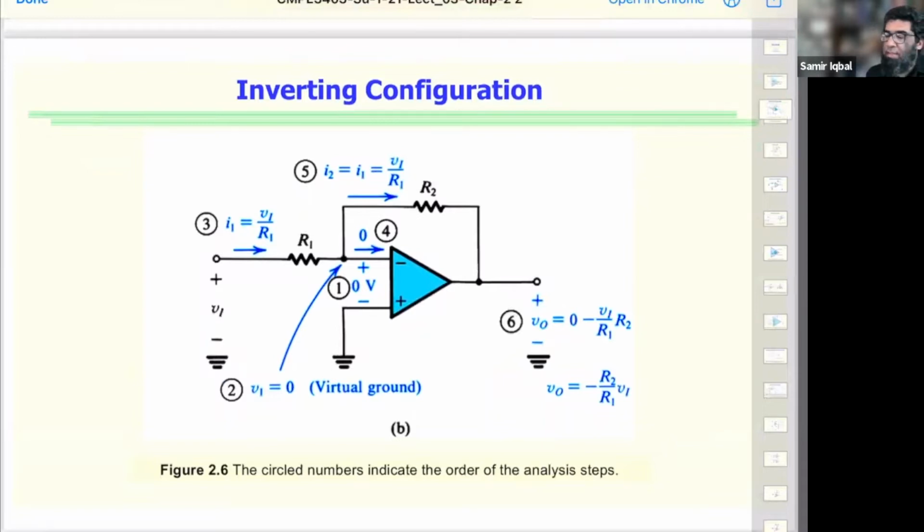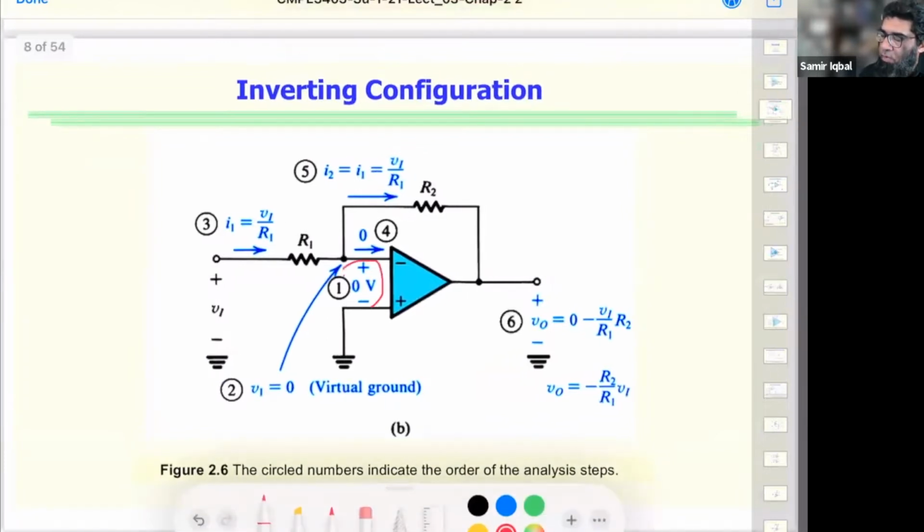The first thing is that there is zero potential, zero voltage between number 1 and number 2, right? So they are at the same potential. The second thing that happens with that is that number 2 is now at virtual ground, which means the voltage at number 2 is 0.